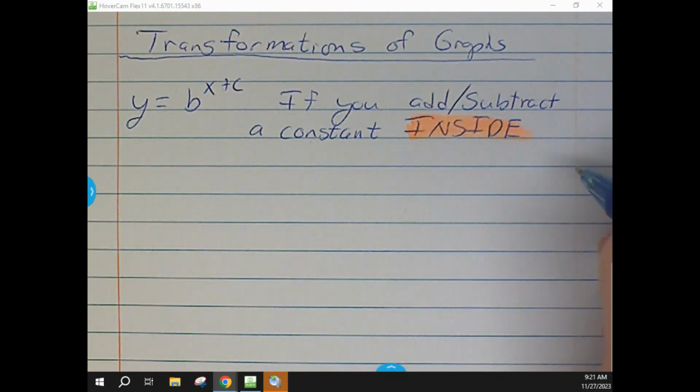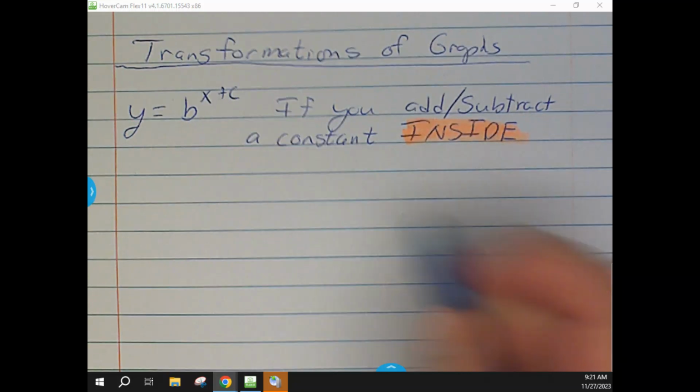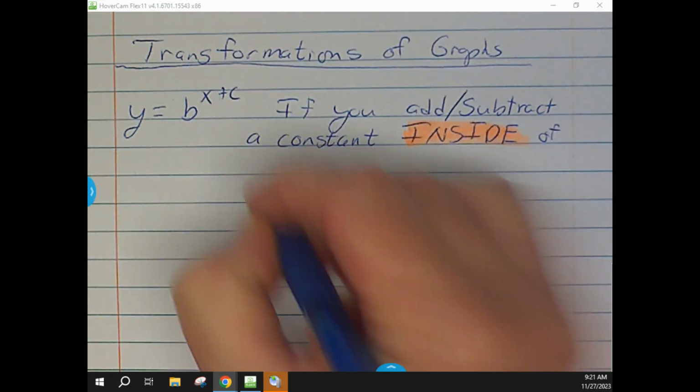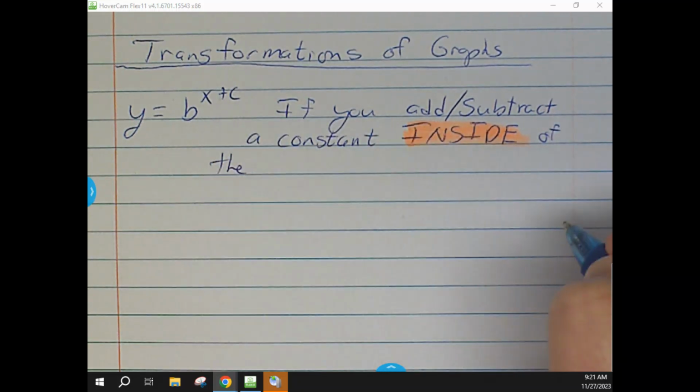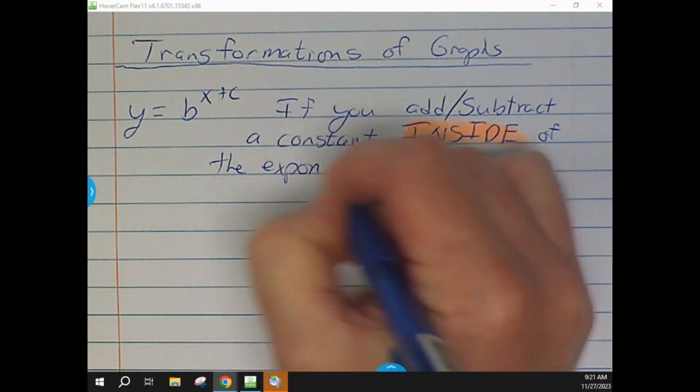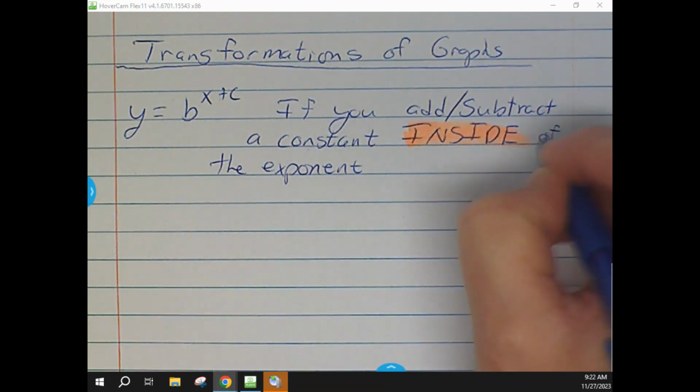Now, in this case, it's not a parentheses. It's more that it's on the inside of the exponent. Or just inside the exponent, sorry.